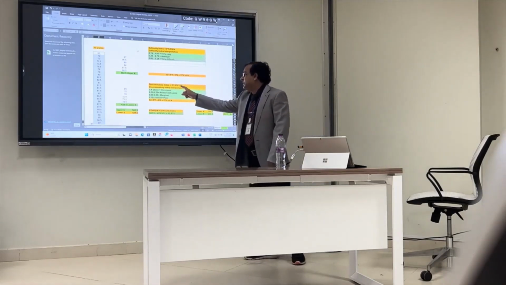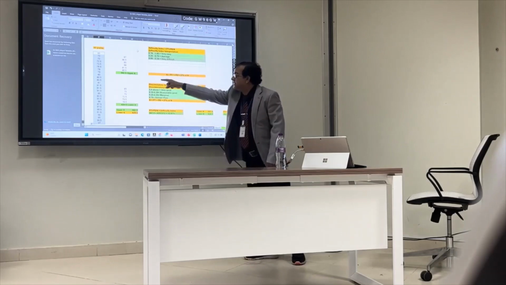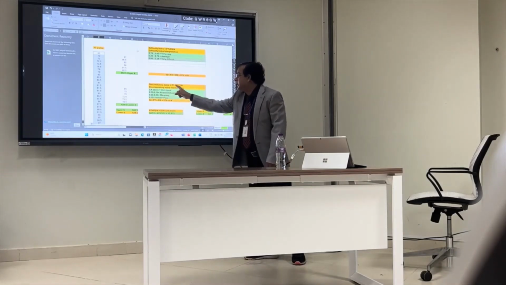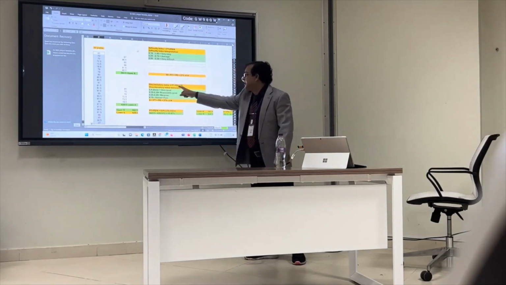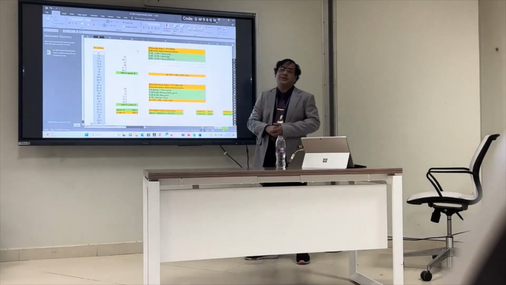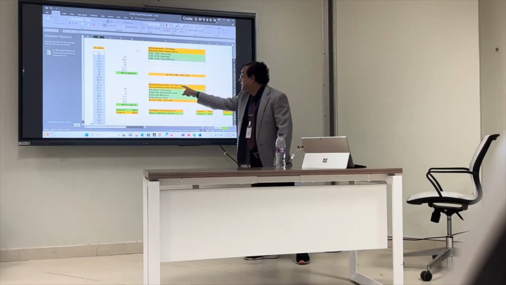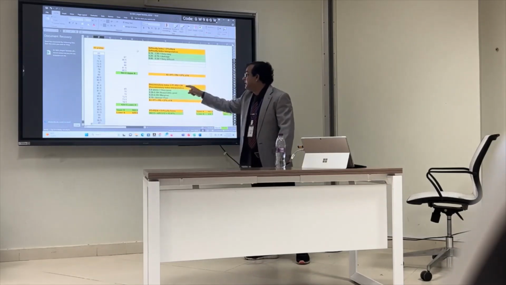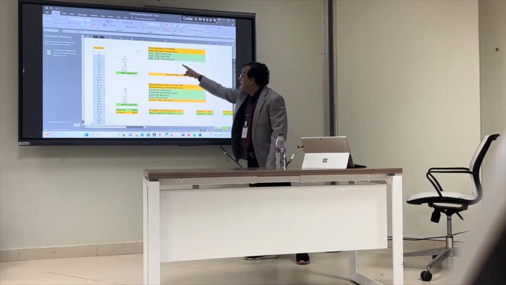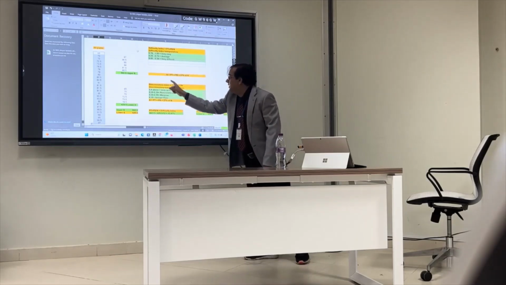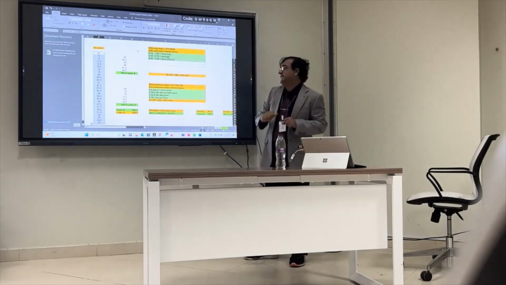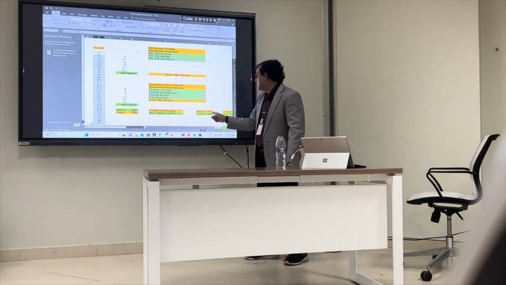PT minus PB, the same from 6 total, and this is subtracted, then divided by half of the total number, not 12, half of the total number. That means here we divided by 12, here we divide by 6.